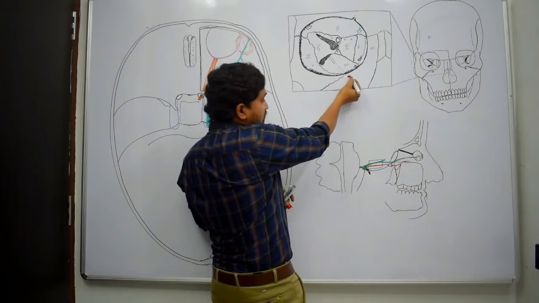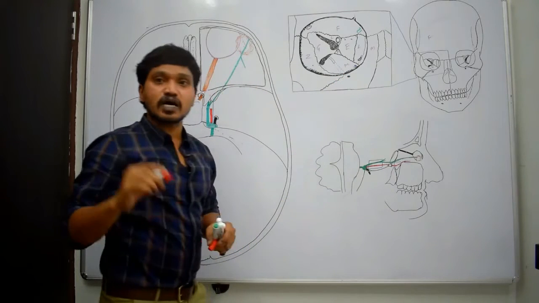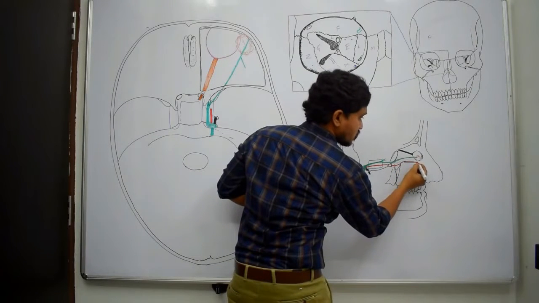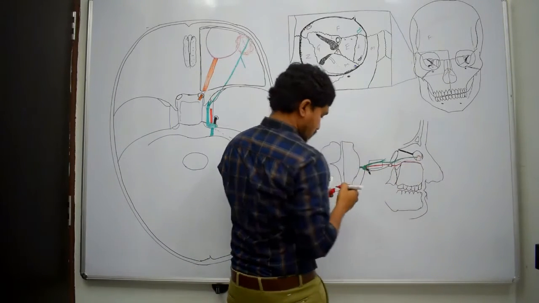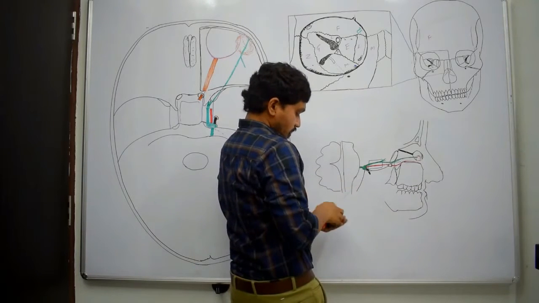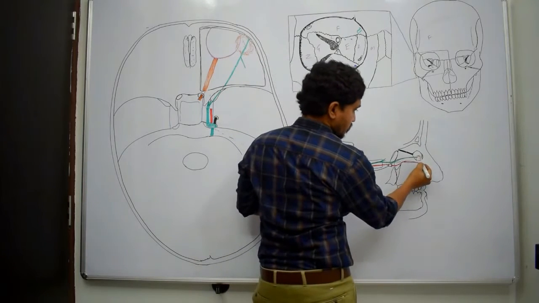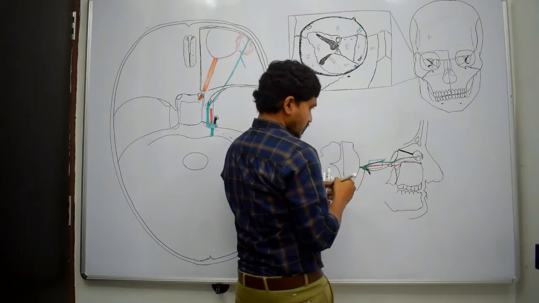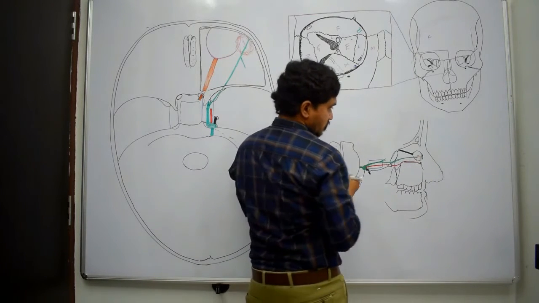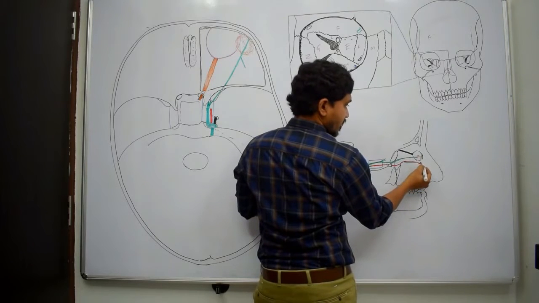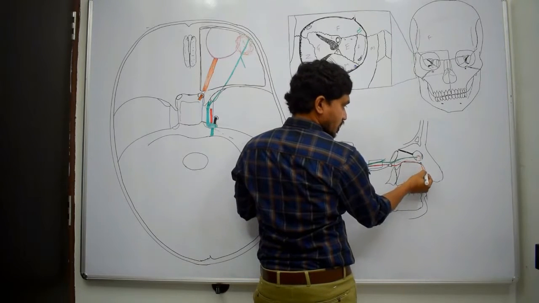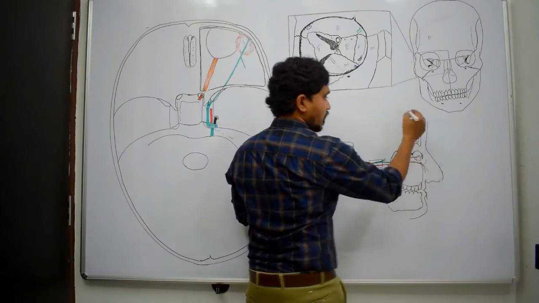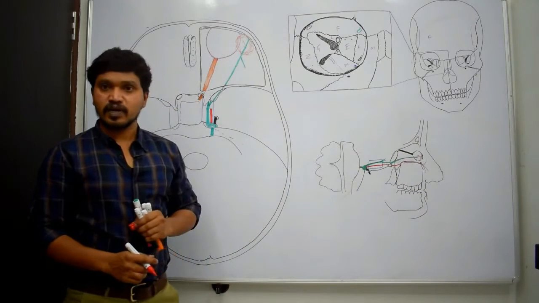Then it emerges through the infraorbital foramen. Here the foramen will be present. This foramen is the infraorbital foramen. So it comes out and gives labial branch, nasal branch and palpebral branch.